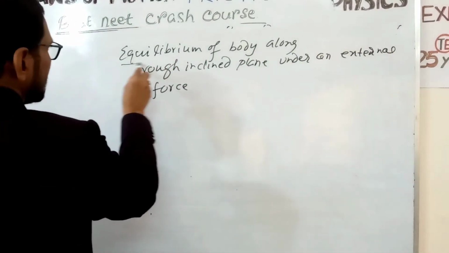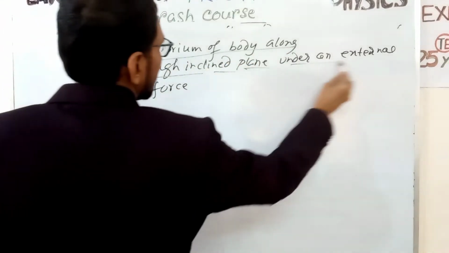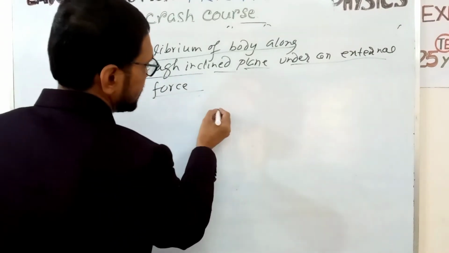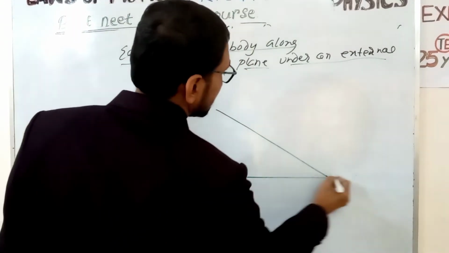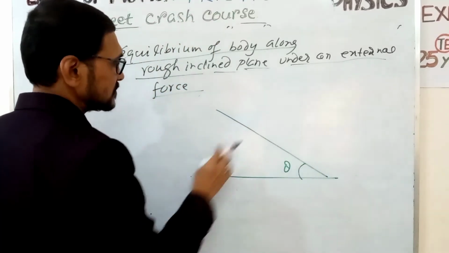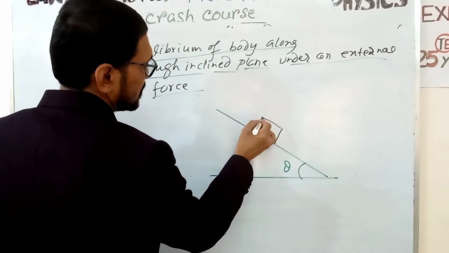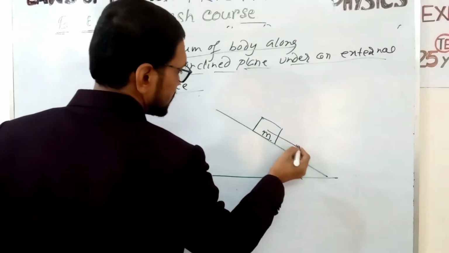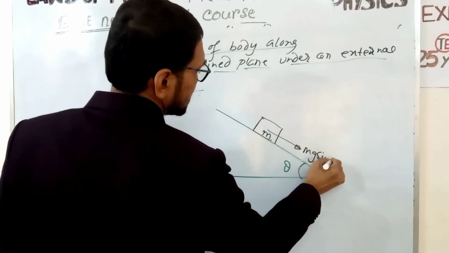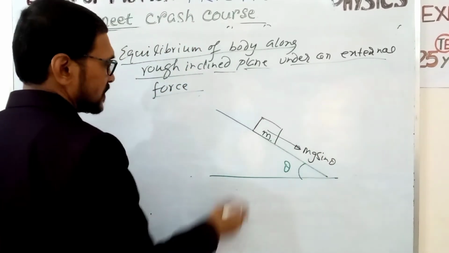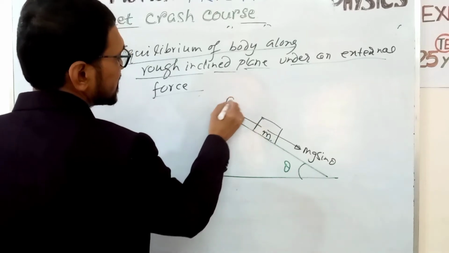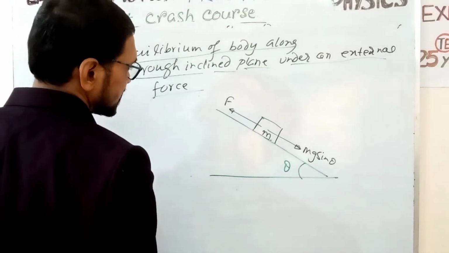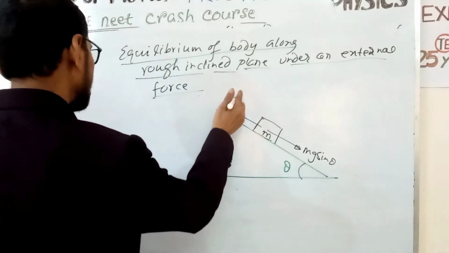Suppose a body of mass m is placed on an inclined plane, angle of inclination theta. Because of mg sin theta, the body tries to move downward. Now an external force acts in the opposite direction and holds the body at rest, that is, the body is in equilibrium under the external force.